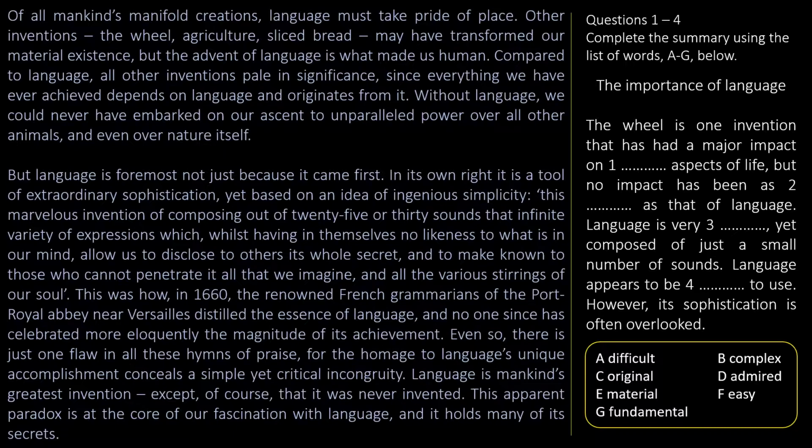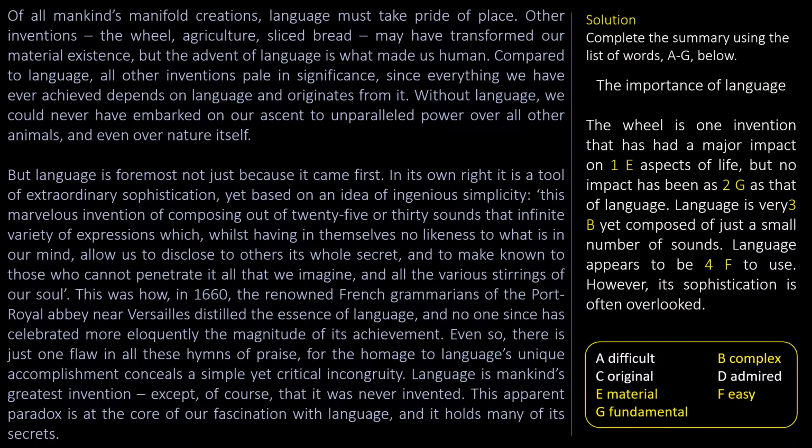We are back. Let's see the answers for these questions. The first one is E, which is material. The second one is G, which is fundamental. The third one is B, which is complex. And the fourth one is F, which is easy. If you got these answers, wonderful.